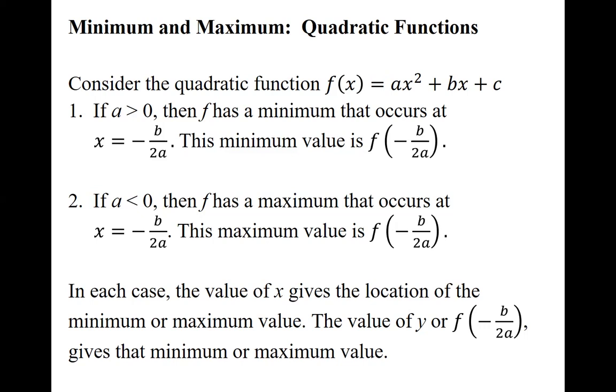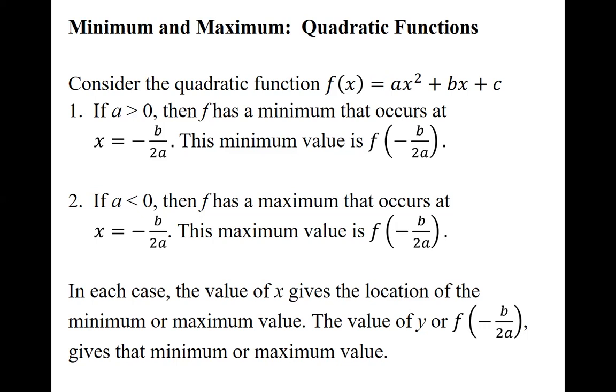And condition 2 here says if a is negative, then f has a maximum that occurs at x equals negative b over 2a. This maximum value is f of negative b over 2a. So this is the exact opposite. If the parabola opens downward, then the vertex is on the hill. It's at the top. It's a maximum value.